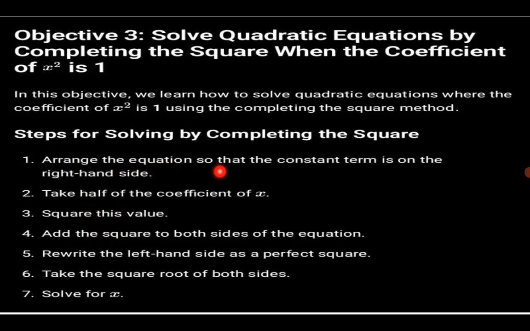Arrange the equation so that the constant term is on the right hand side. That's the first thing to do. Take half of the coefficient of x, square it, then add the square to both sides of the equation. Then you rewrite the left hand side as a perfect square. Take the square root of both sides and then solve for x. As simple as that. These are the steps that you follow to solve an equation by a method called completing the square.